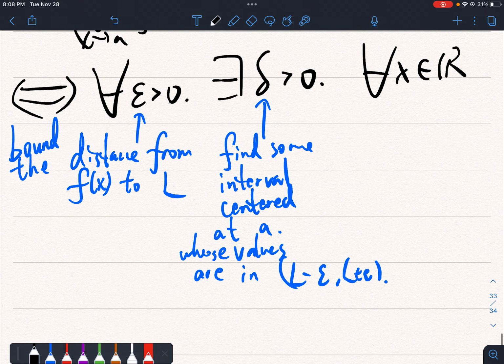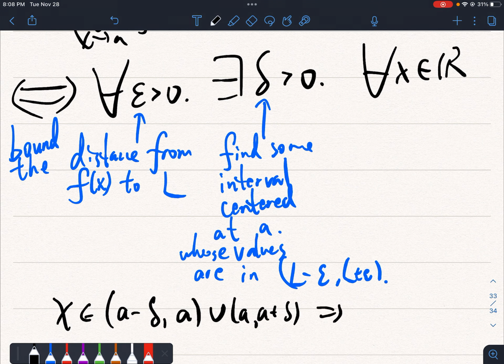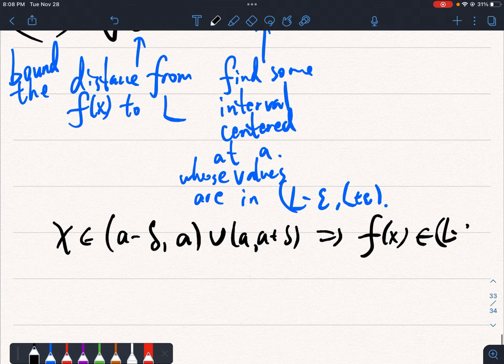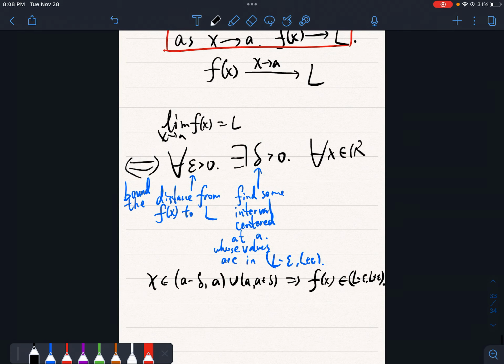So for all x in the real numbers, whenever x is in this small enough interval, say from A minus delta to A union A to A plus delta, we want to have that f of x is in the interval of L minus epsilon to L plus epsilon.